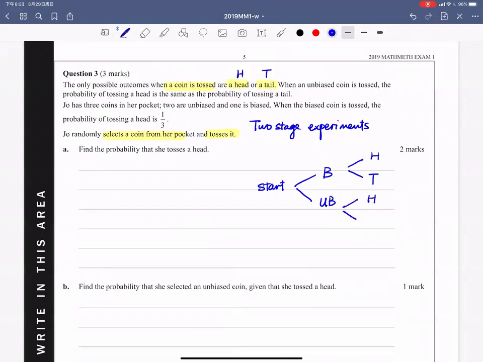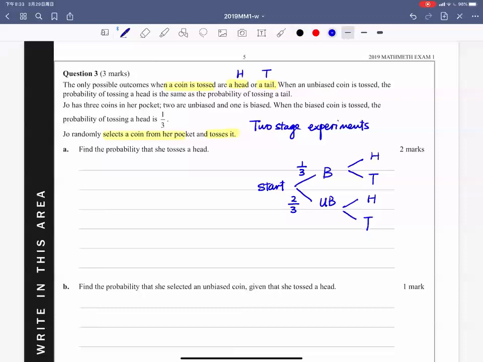For unbiased coin as well, it's also H and T being its outcomes. So I need to calculate the proportion of biased coin and unbiased coin. We have 2 unbiased coins, so the probability of getting an unbiased coin is 2/3. The rest, the only one left is the biased coin, which is 1/3.